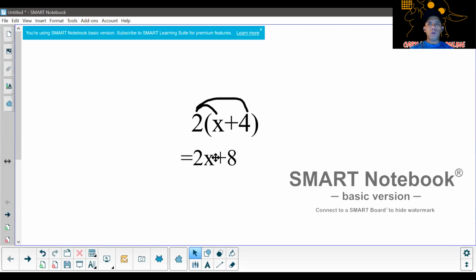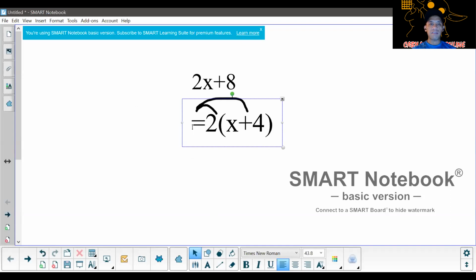You're probably asking, what does this have to do with today's lesson? Well, common factoring is the backwards of this process. We're going to start off with the 2x plus 8, and you're going to learn how you can wind up with the 2 times x plus 4.